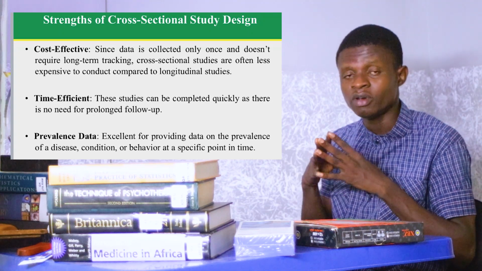Cross-sectional study is a very cost effective study design because when you are working on cross-sectional study design, you don't spend much. One, because you are taking the data at a point in time. And then mostly the sample size is also less.